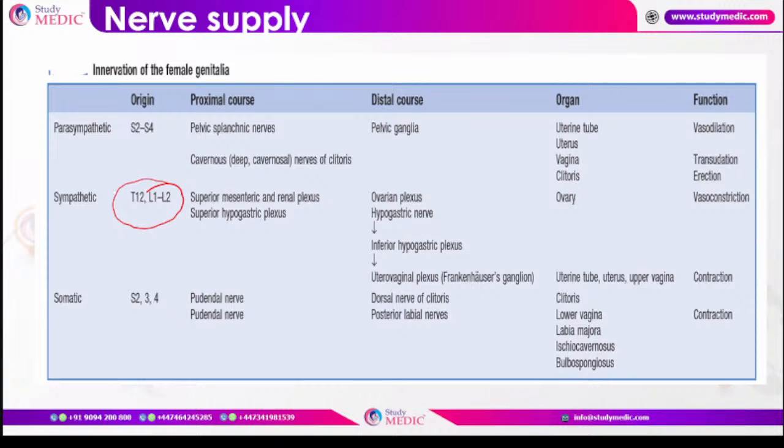Now remember, for the uterus, the supply comes from T12 to L1. Okay. And for the vagina, it comes from the pudendal nerve, that is S2 to S4. We will see a little more in detail about the supply to the uterus in a later slide.